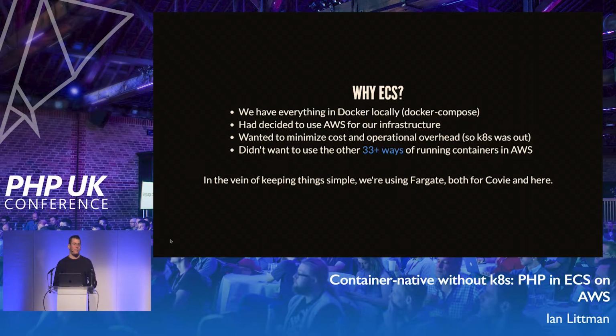And yes, there are about 34, 35 different ways of running containers in AWS. If you looked at the first slide, you saw a link, ian.im/ECS UK22, I believe. And these are links, and you can go read blog posts in detail about how Amazon has way too many ways of running containers.